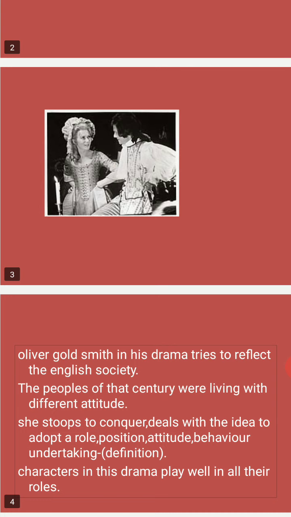Look at this picture, how the dressings were during the 18th century, and this is hopefully Marlowe and Miss Hardcastle.